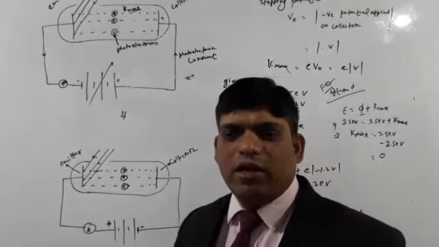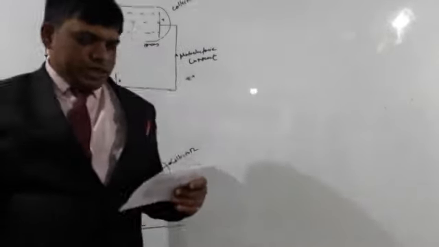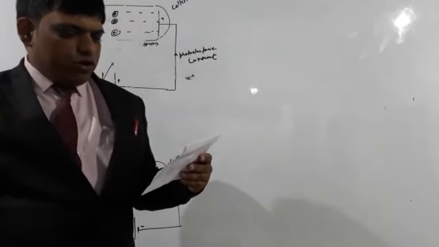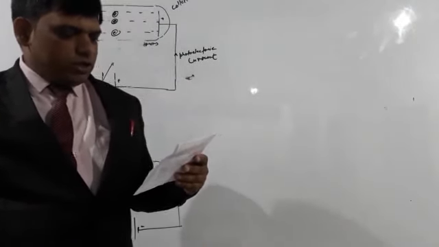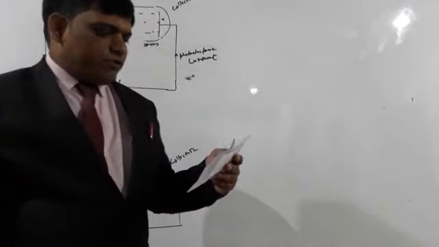Now we are coming to the second question. The second question is that the stopping potential V naught versus frequency nu plot of a substance is shown in the figure.